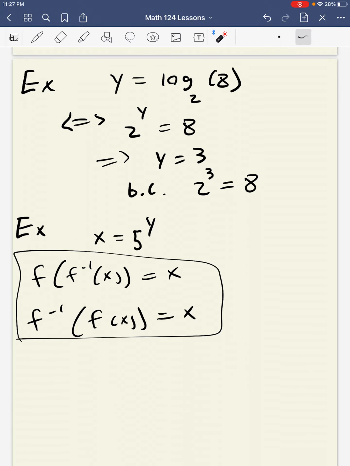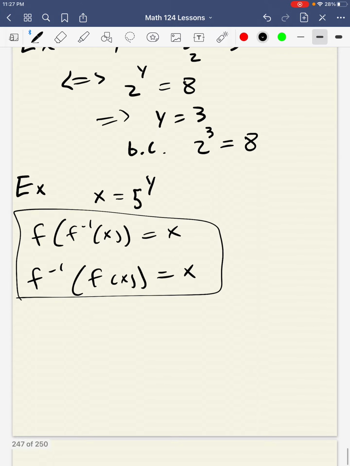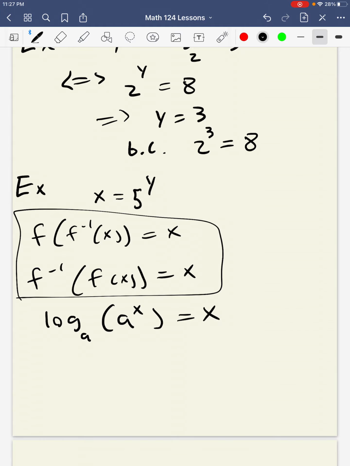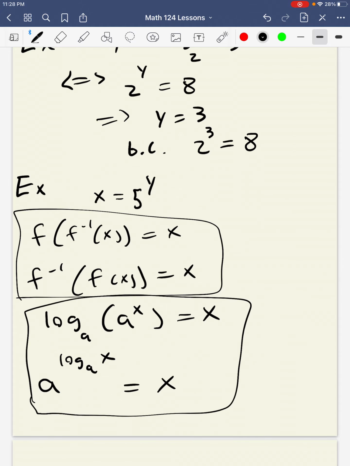And as we said earlier, exponentials and logs are inverses, so we have the property: log base a of a to the x will equal x. And if we have a raised to something and we plug in log base a of x, that will also equal x. Right, so inverses cancel out.